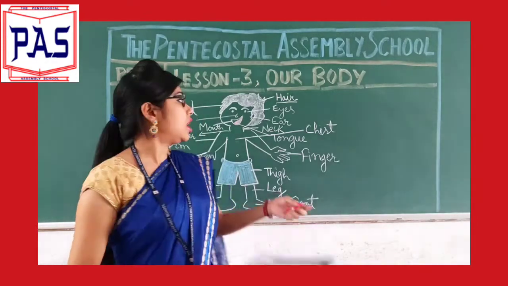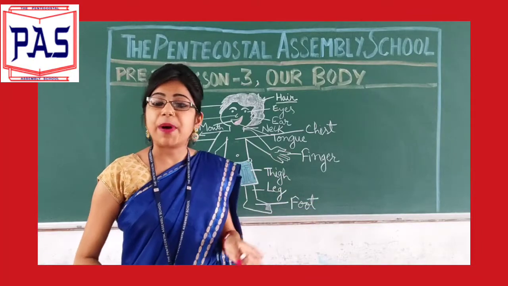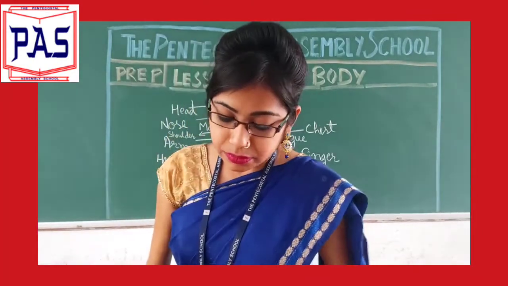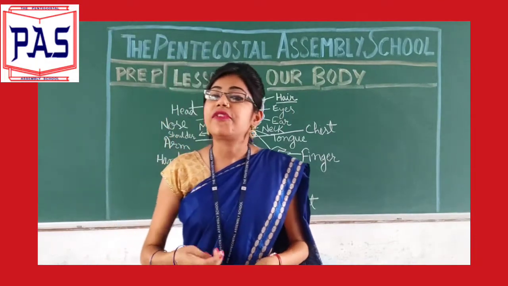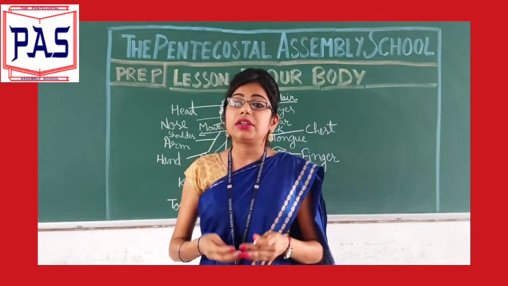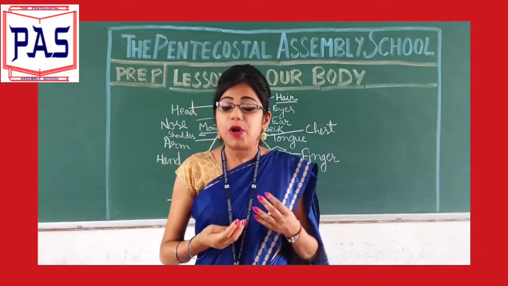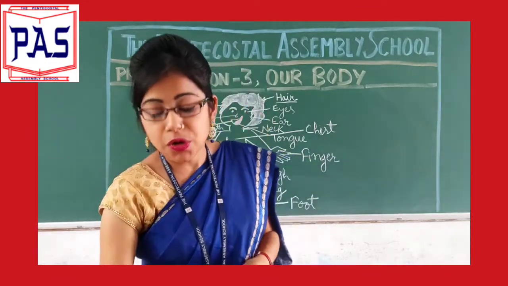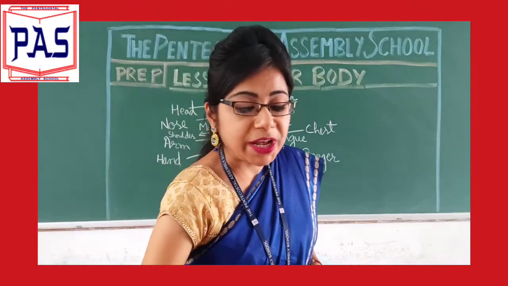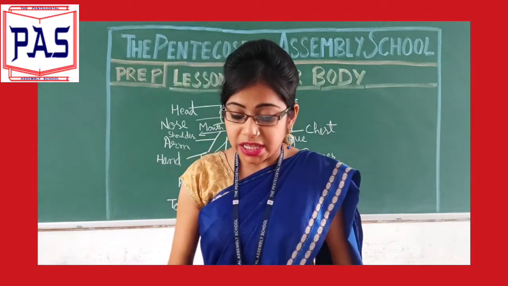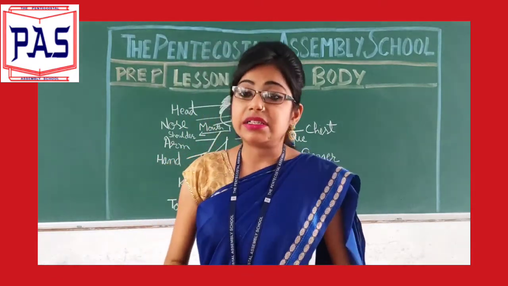So these are our different body parts and their names. Let's read about their functions. What are the functions performed by these body parts? Now I am going to explain the different functions performed by different body parts. Head.